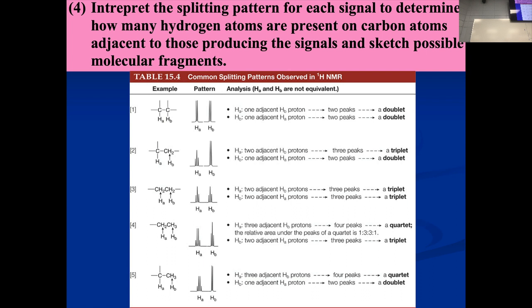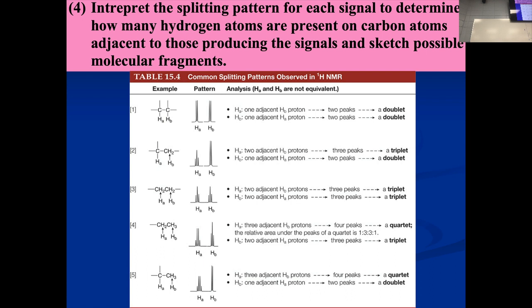So when counting neighbors, you would include hydrogens of the same type as well? This leads us to a rule, and it is called the N+1 rule. That's not a minus sign. What does the N stand for? Anybody read ahead? Hydrogen? It is hydrogen, but it's the number of what hydrogens? Of the neighbors. Always think of N as neighbors. And neighbors, for the purposes of this class, are just the hydrogens that are on the next adjacent atom.